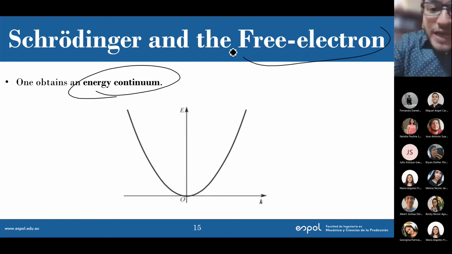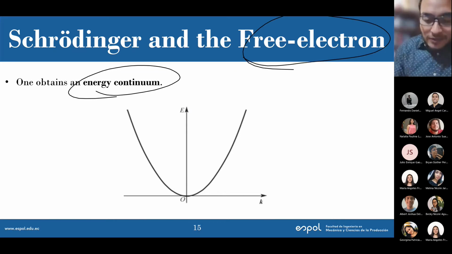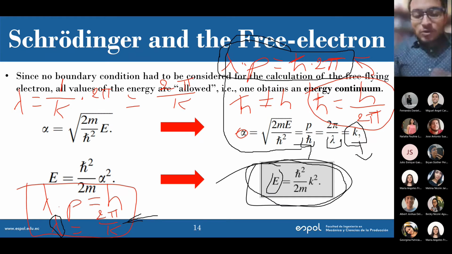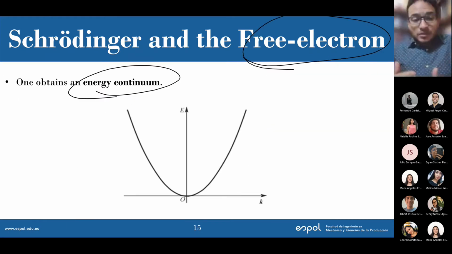But in the case of a free electron, this is what matters, right? This is why this equation becomes so important. When I'm plotting E versus K, and remember, this plot is going to be super relevant, we'll have to learn to plot these two numbers, E and K. When I'm having a free electron, when I'm having an energy continuum, the parabola doesn't have any stops, any interruptions.